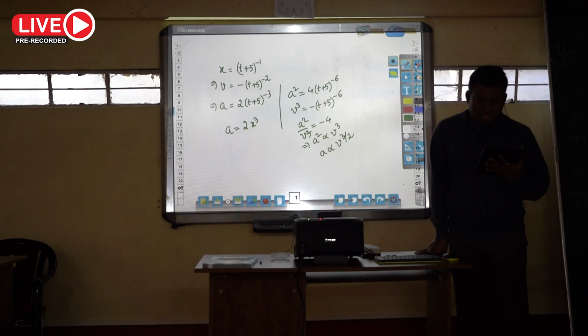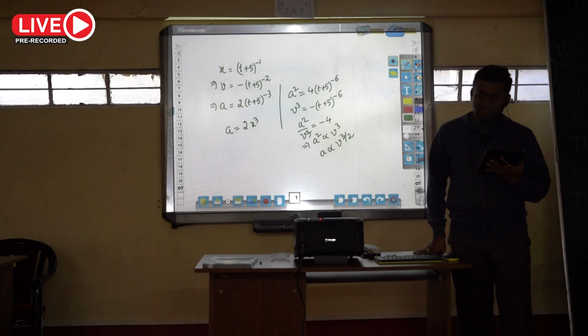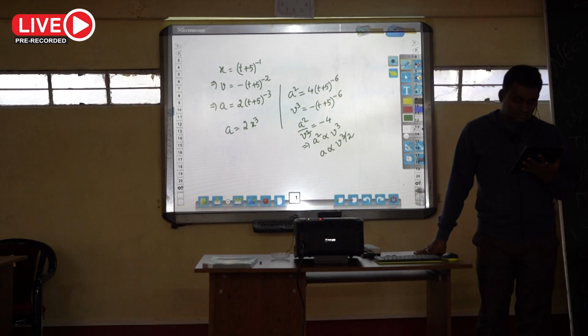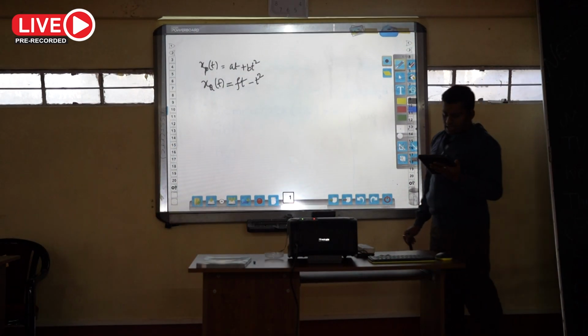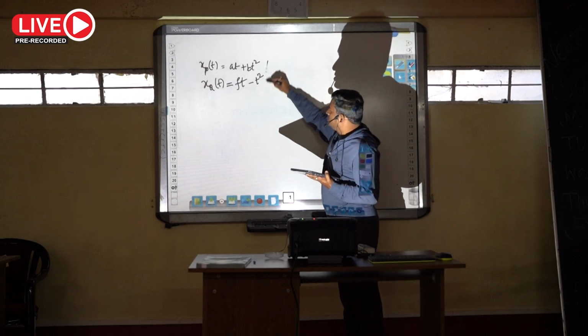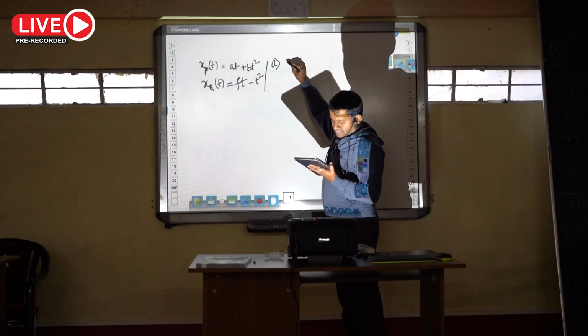And their positions are represented by the given relations. At what time do the cars have the same velocity? These are the options.